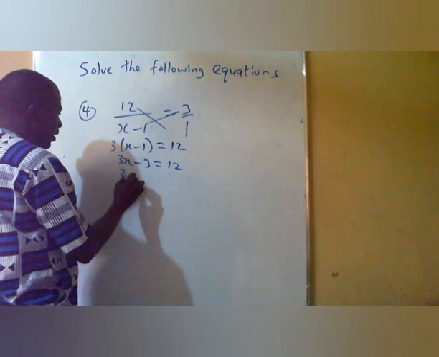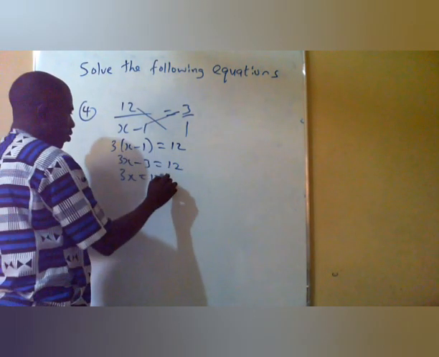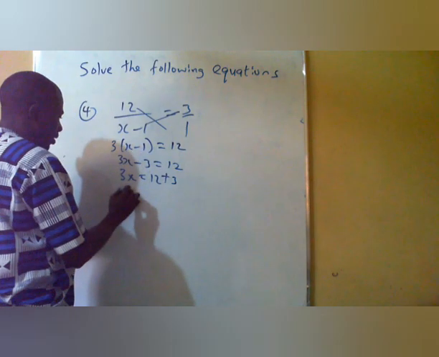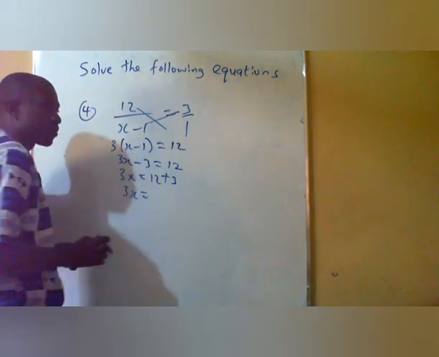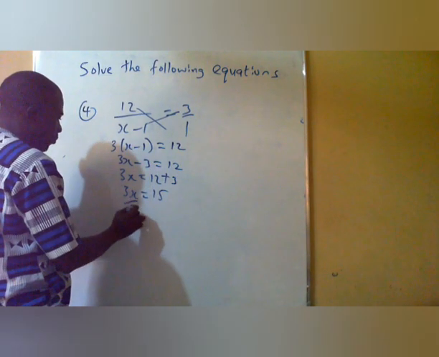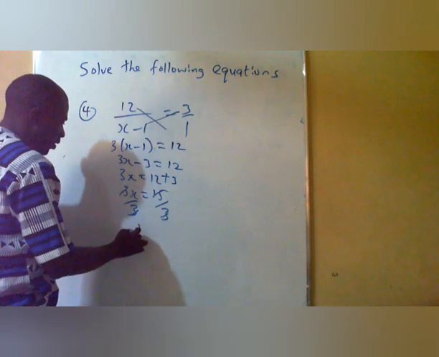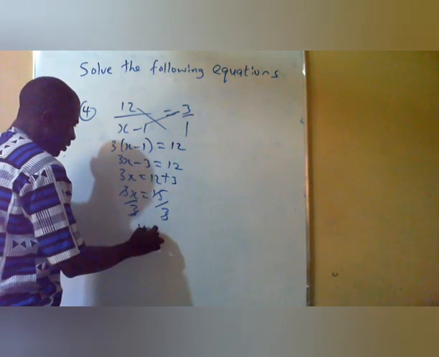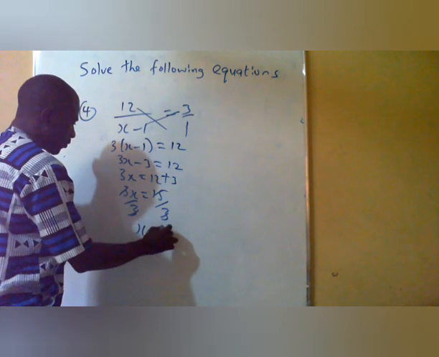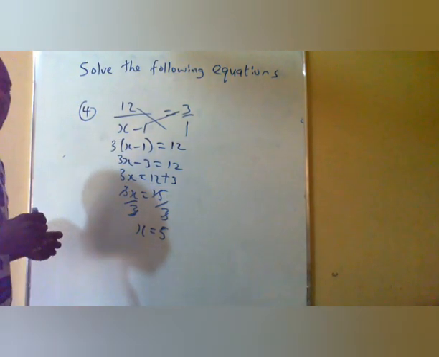So we have 3x is equal to 12. When this minus 3 crosses the equal sign, it becomes plus. So 3x is equal to 12 plus 3, it will be 15. So we divide both sides by 3. When you divide both sides by 3, you have x is equal to 5. Now this is the solution to question number 4.